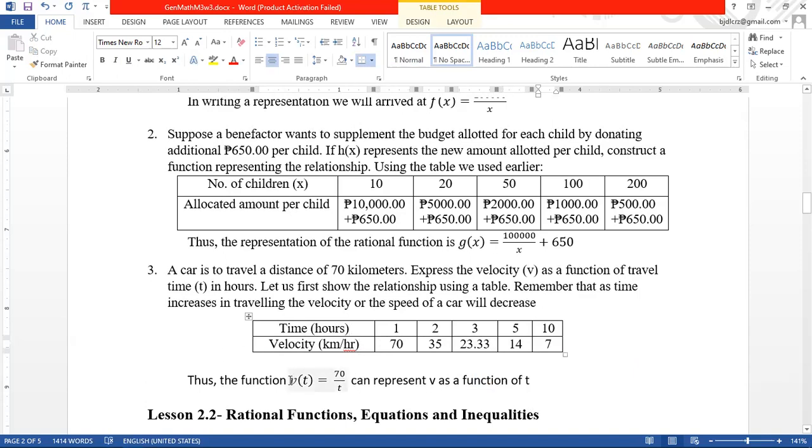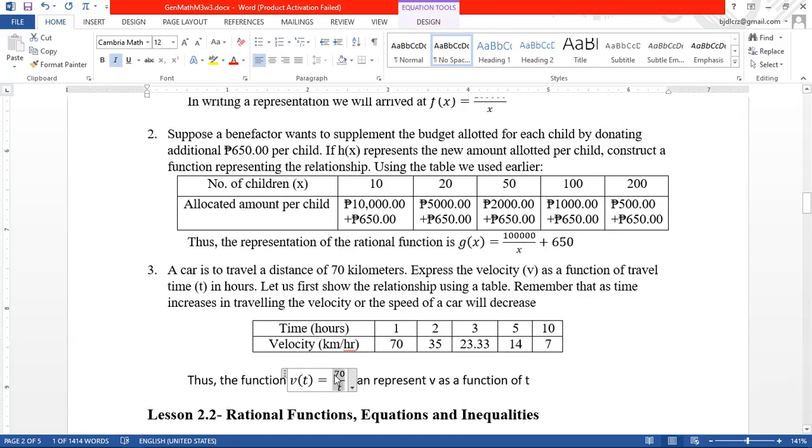So that's the function, which will be represented as v of t is equal to 70 over t. So we can represent v as a function of t. So velocity times time is equal to 70.